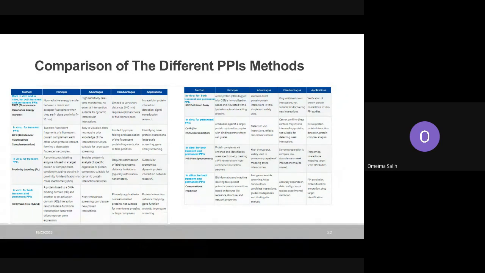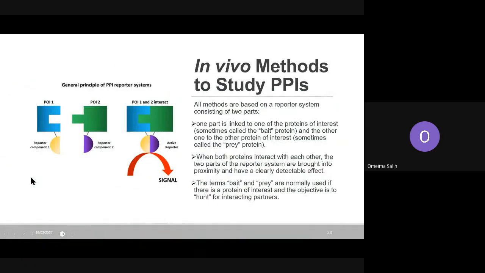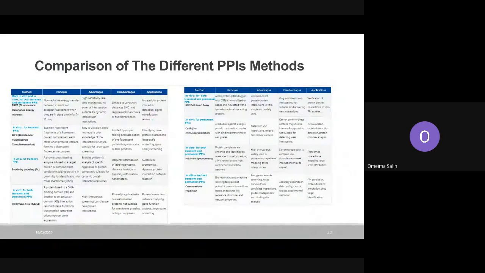Proximity labeling is another method, and this is again in vivo and for transient protein-protein interactions, and this tests the dynamics. So as if you are asking the other question, how strong is this interaction?